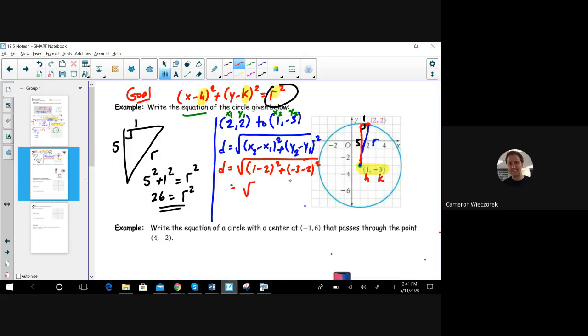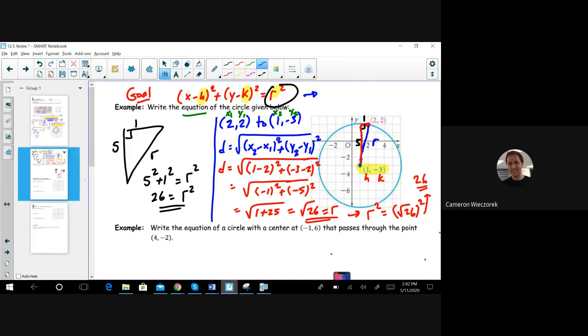So we get the square root of (−1)² + (−5)², which would be the square root of 1 plus 25. Remember, those are both positive since I'm squaring something in parentheses. And that's the square root of 26. Okay, so that's my radius, but then the equation needs the radius squared. So r² would be that radius I found squared, which would just be a normal 26.